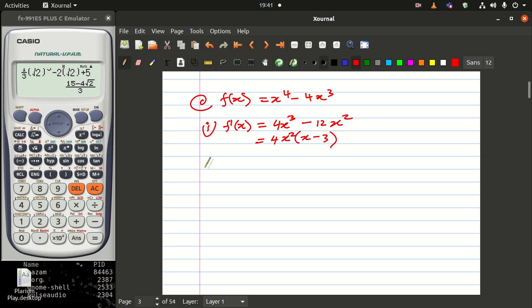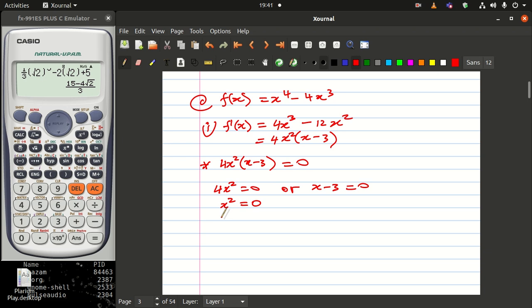And then the next thing that you want to do is to set the first derivative equal to 0 so that you can get critical points. For this to be equal to 0, either 4x squared is equal to 0 or x minus 3 is equal to 0. Looking at this part, dividing by 4 on both sides gives x squared is equal to 0 divided by 4, which is just 0.